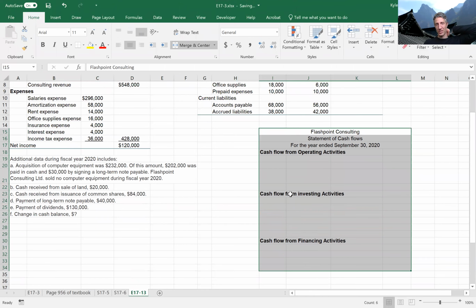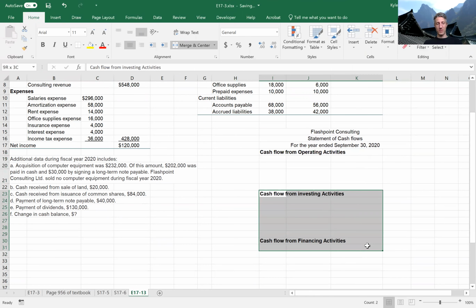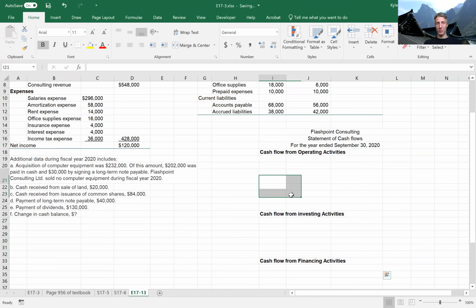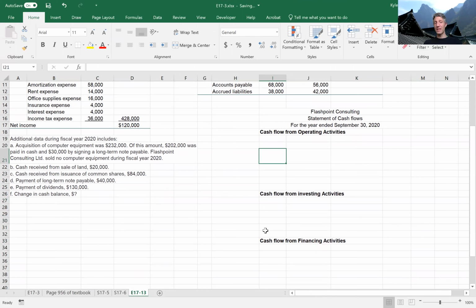I might need to adjust my lines to make sure there's enough space. I haven't done this problem, so I don't know how much space I'm going to need, but luckily I have the luxury of doing this in Excel, which means it's very easy to add or subtract lines. But I know the cash flow statement is subdivided into 3 sections: operating, investing, financing. I've got those 3, and I'm almost ready to start.